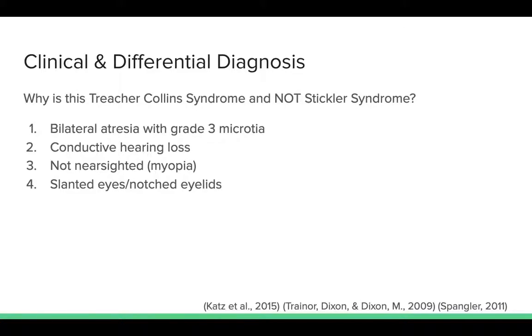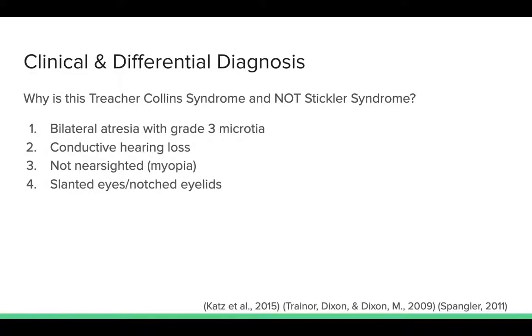So she presented with a conductive hearing loss, and with Stickler syndrome, they can have otitis media when they're young, but it's not going to be a persistent conductive loss as opposed to Treacher-Collins. So I feel like this was one of the bigger reasons why it was one and not the other. Kind of a good way to rule it out. Also, she is not nearsighted.